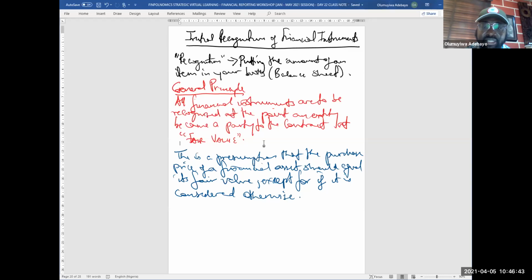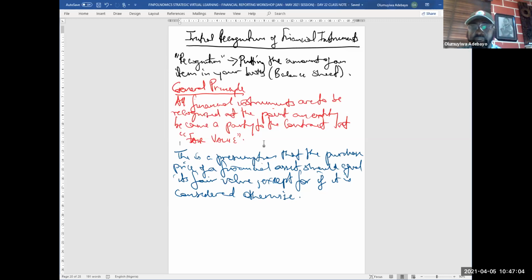Anytime government intervenes in a situation where you are able to acquire assets or to make borrowings at below market rates, that also may account for the fact that such purchase price may not be deemed to be a fair value. Okay.